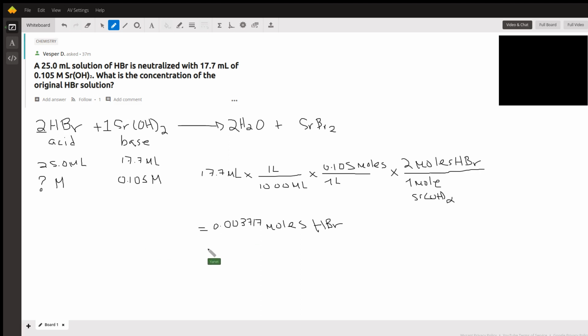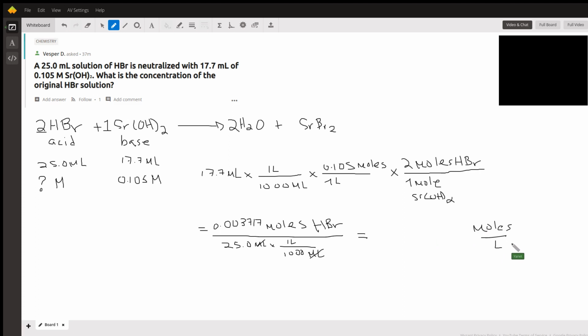So what we have to do next is divide this amount of moles over the 25 milliliters that have to be converted to liters. So I need to say 25.0 milliliters, 1 liter has 1,000 milliliters. So you can see those units cancel.